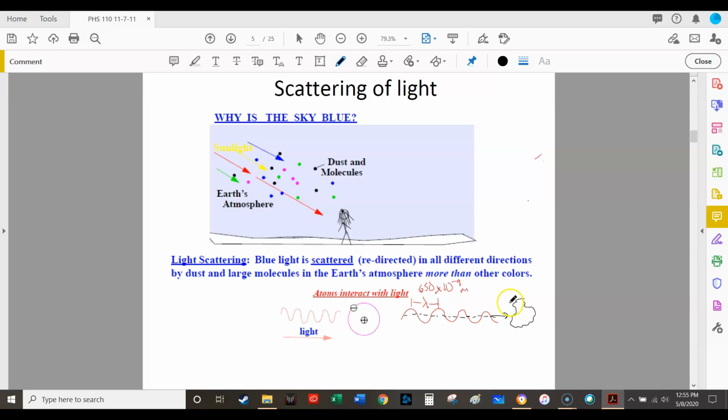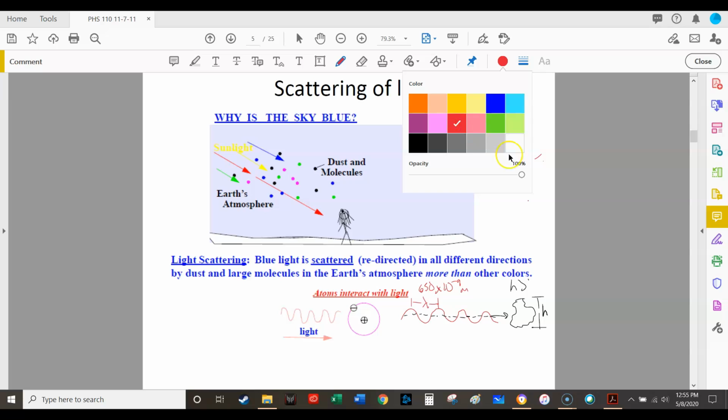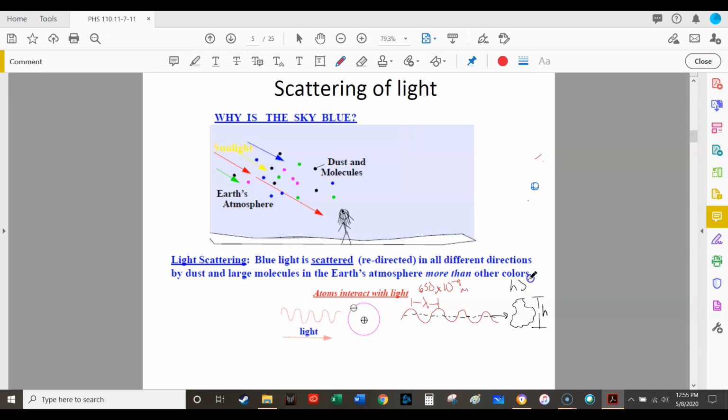Well, if this particle is greater than the wavelength, so this is the size, or height, of the particle, if you will, if the height of that particle is greater than the red wavelength, then the red wave will actually hit this and bounce back out and get scattered, and travel off of it.